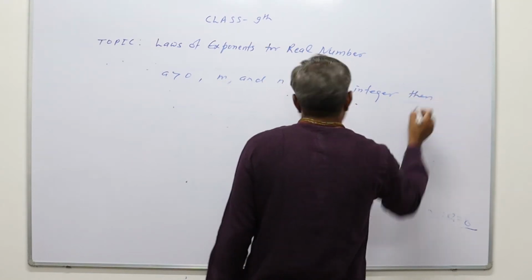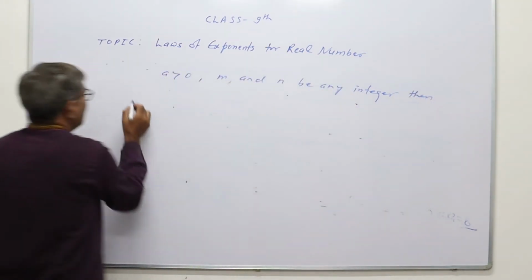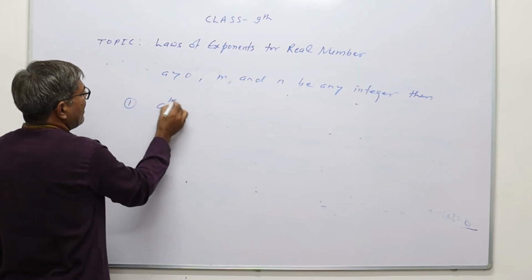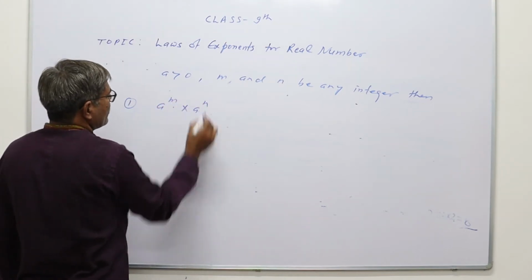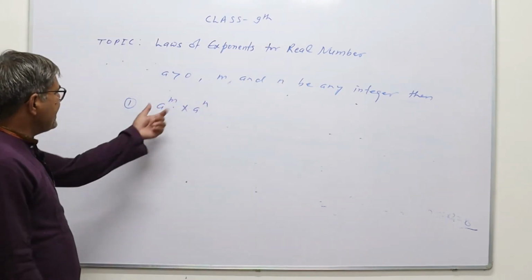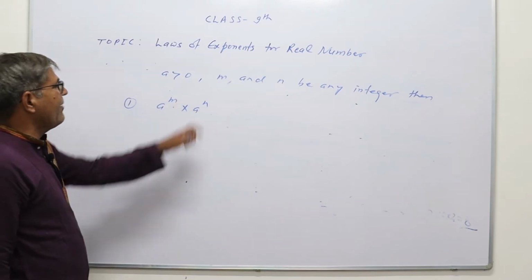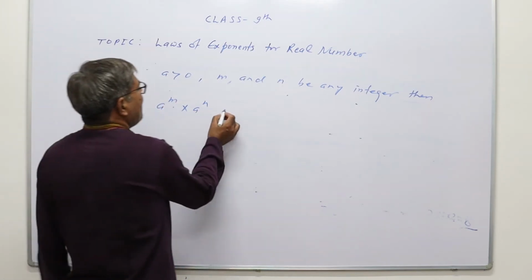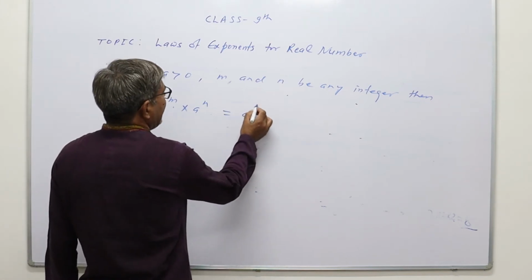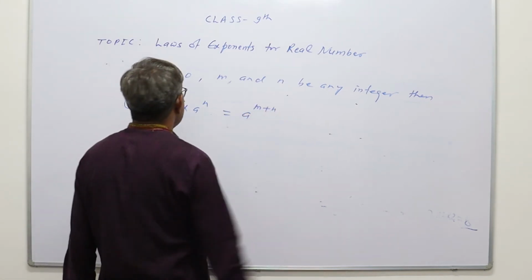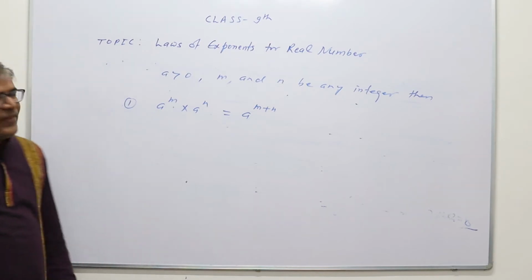Then first, a raised to the power m into a raised to the power n. When bases are the same and powers are different, then the powers will be added, that is a raised to the power m plus n. This is the first law of exponent.